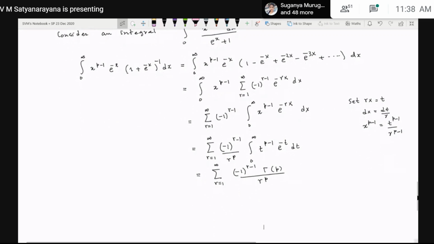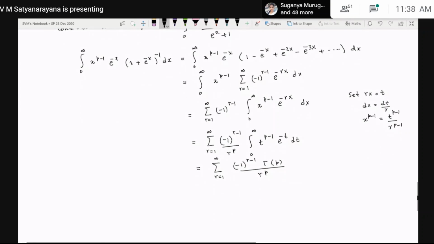Okay, so this is the evaluation of this integral. Now you can see that this means your integral from 0 to infinity of x to the power p minus 1 dx divided by (e to the x plus 1) is equal to gamma of p times an infinite series.